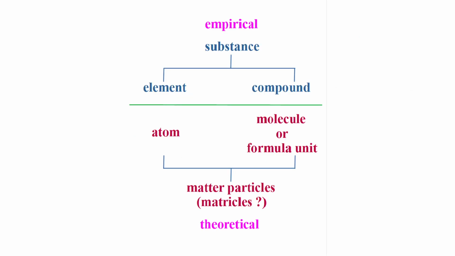A popular example is the theoretical classification of matter particles, which in my opinion may be referred to as matricles, into atoms and molecules thanks to atomic theory, as well as into formula units made up of cations and anions formed from atoms or groups of atoms thanks to Arrhenius theory.